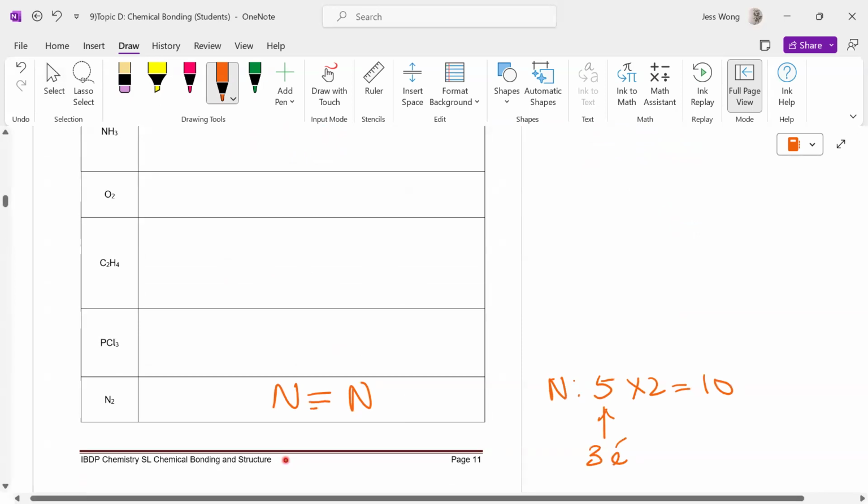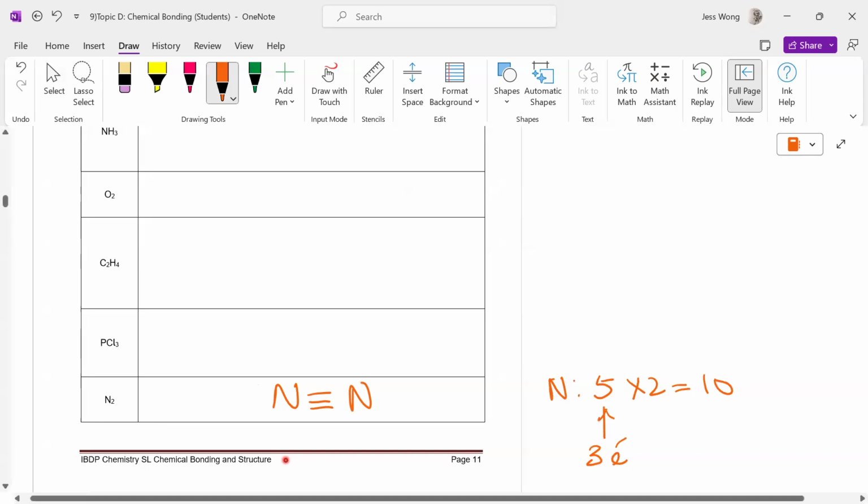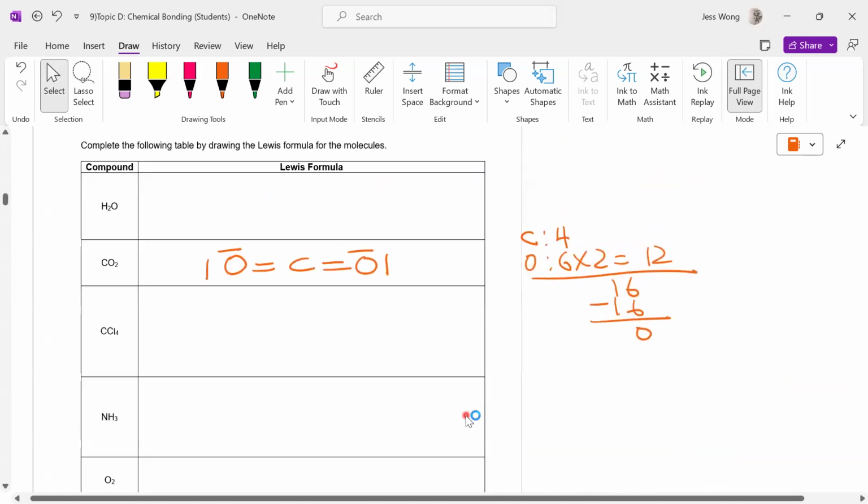So if we try a triple bond, so that they get 3 electrons from sharing, and then we put in the electrons so that all the atoms have an octet configuration, and we double check 2, 4, 6, 8, 10. Are we drawing the maximum allowed electrons? Yeah, 10. So this is the structure. All right, I will give you more structures to practice later.